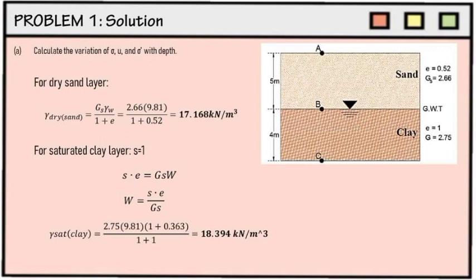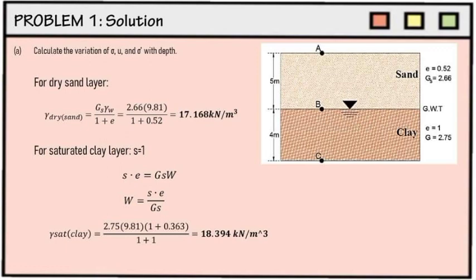For the saturated clay layer, S is equals to 1. Our formula we're going to use is S times e is equals to Gs multiplied by moisture content. So just basic algebra, we can get the formula w is equals to Se all over Gs.